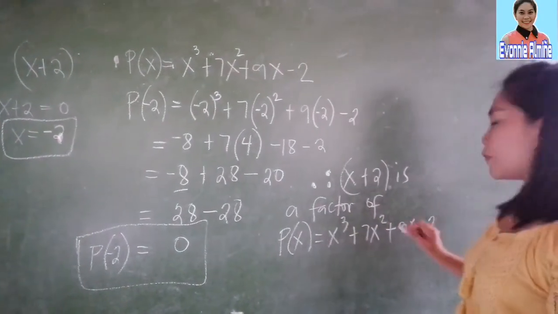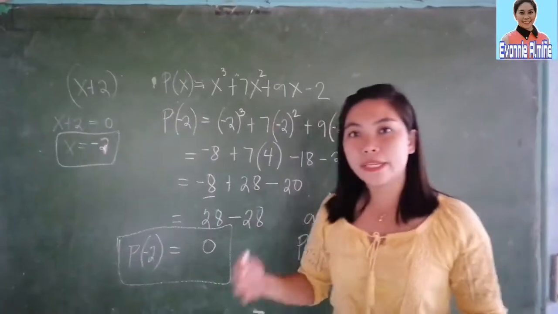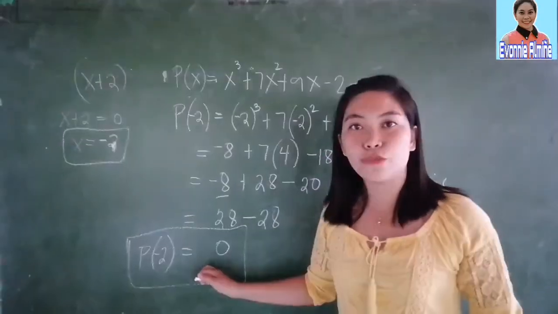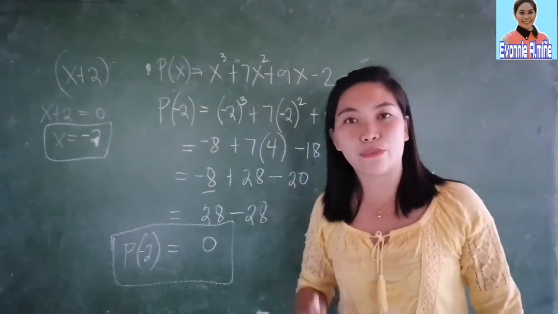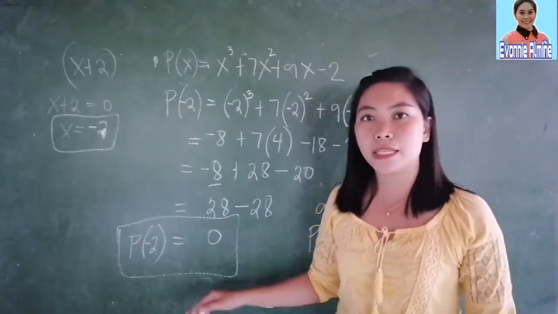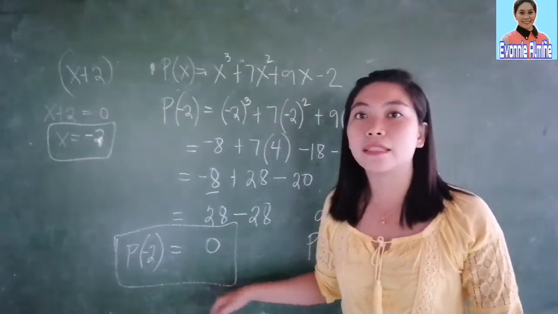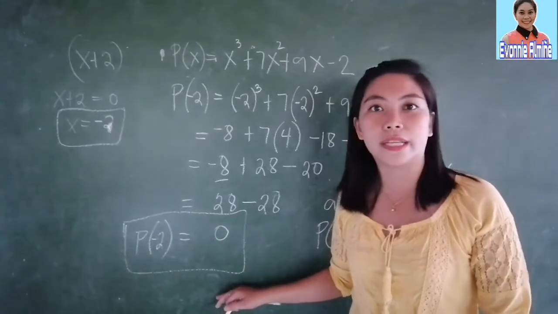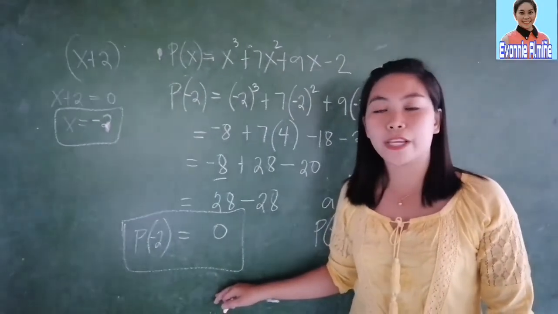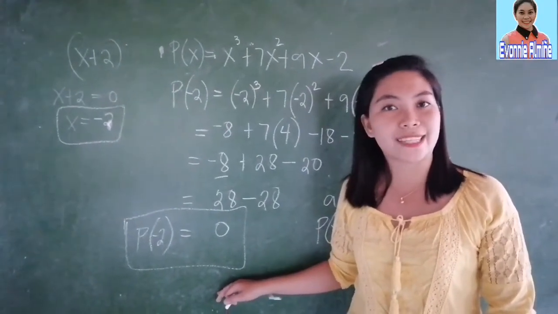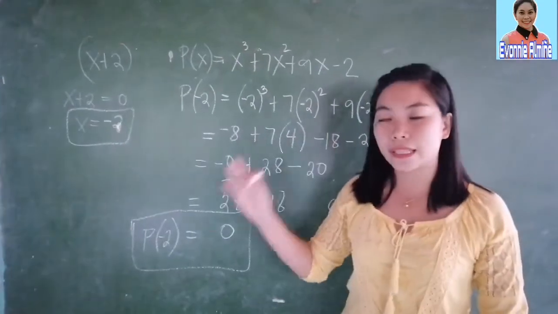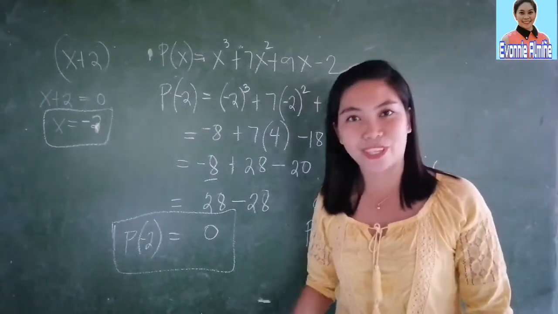Okay, so ganun lang po yung kailangan yung tandaan. When the remainder is equal to 0, therefore, the binomial is a factor. Pero syempre, kapag hindi siya equal to 0, kapag greater than 0 or less than 0 ang kanyang sagot, therefore, that binomial or that divisor is not a factor of that given polynomial equation.